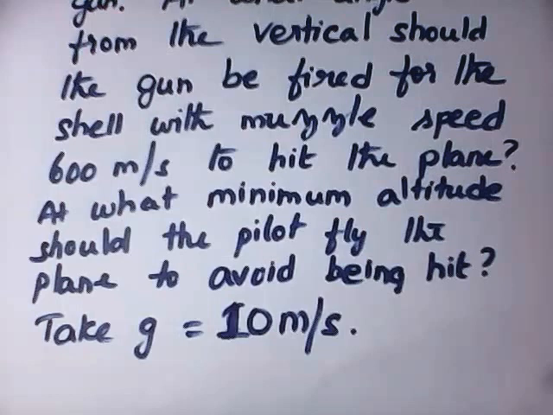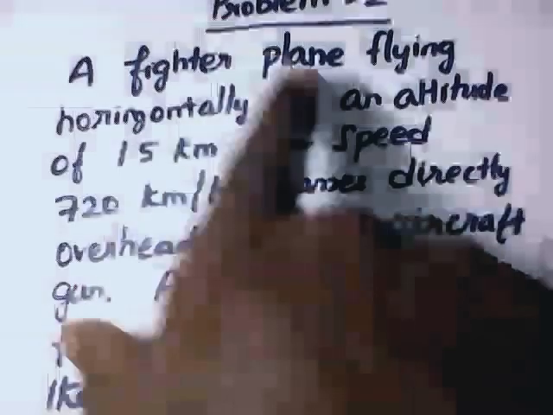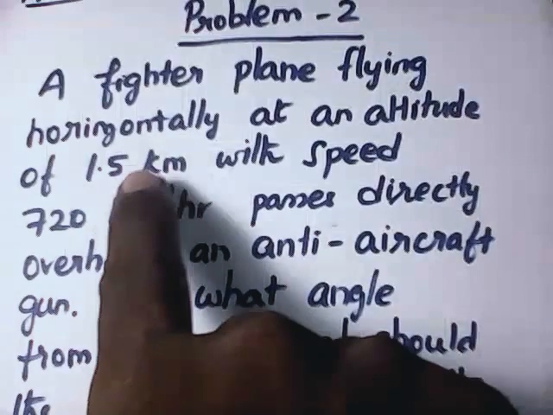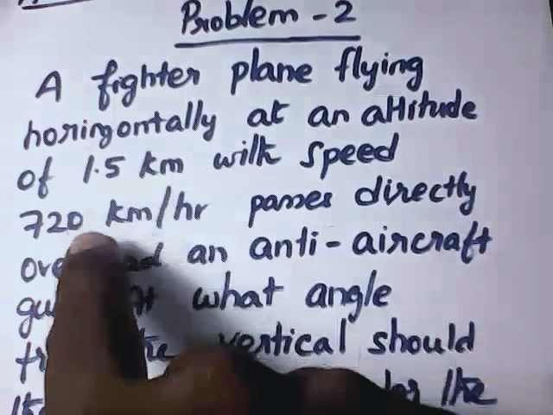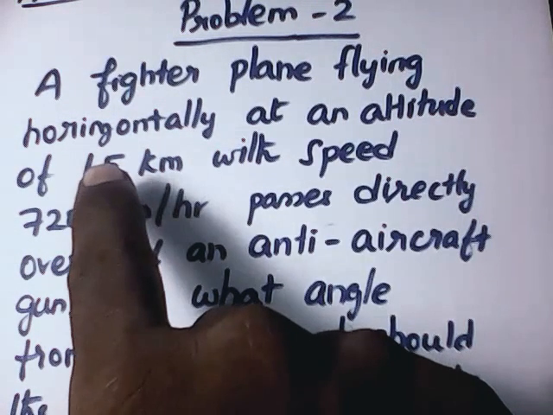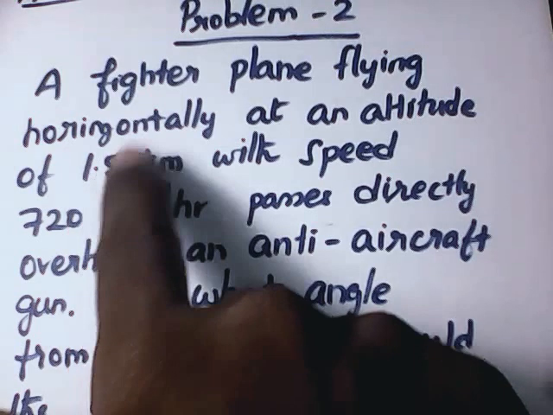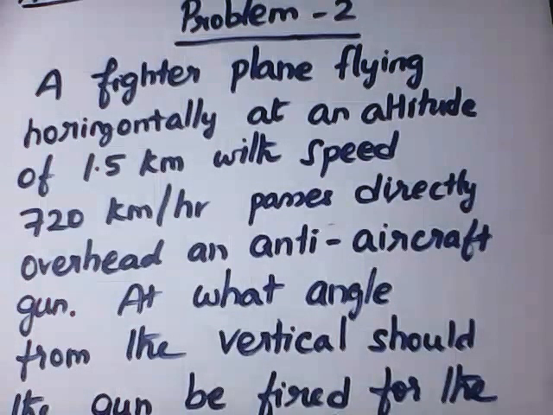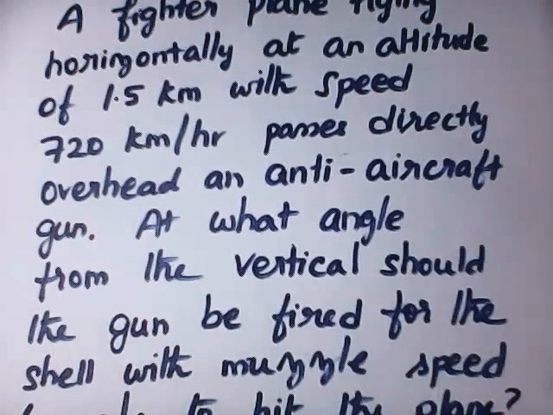This is a basic question, so you should know what they are asking. A fighter plane is flying horizontally at an altitude of 1.5 km with a speed. The height from the ground at which the plane is flying is given as 1.5 km, which we can take as 1.5 into 1000, giving 1500 meters, with a speed of 720 km per hour.